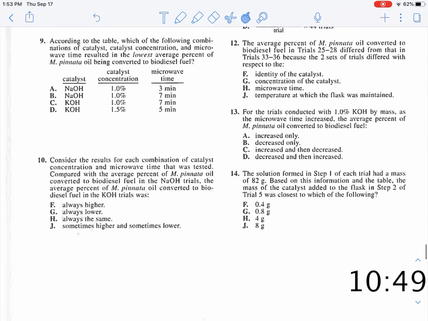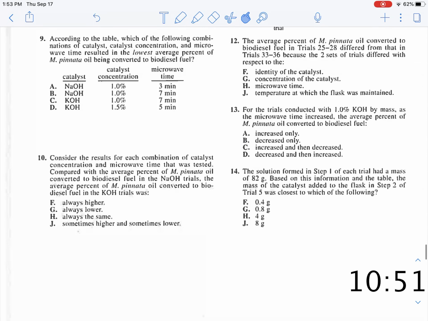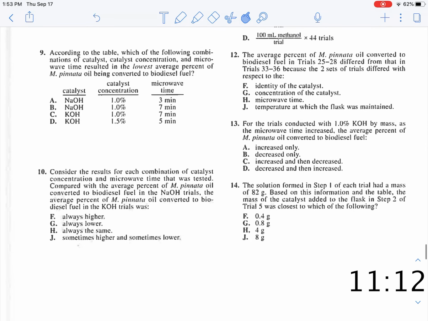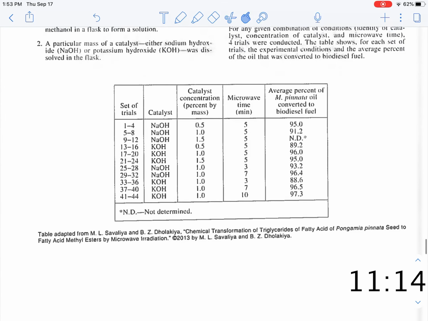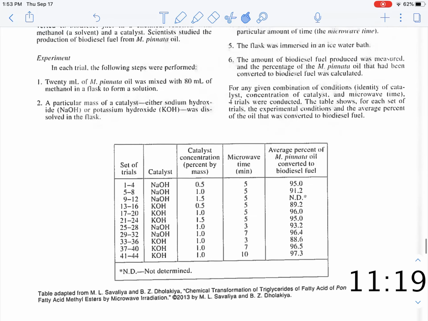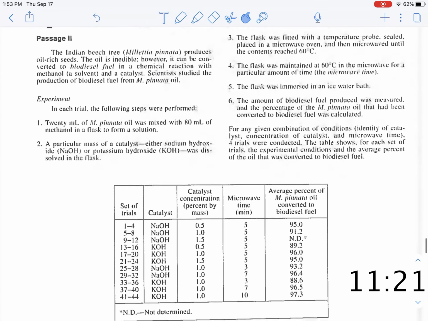The solution formed in step 1 of each trial had a mass of 82 grams. The mass of the catalyst added to the flask in step 2 of trial 5. Okay, we're still over time. Based on the information in the table, the mass of the catalyst added to the flask in step 2 of trial 5. What does that even mean? Trial 5 is 1%. Man, this is annoying.